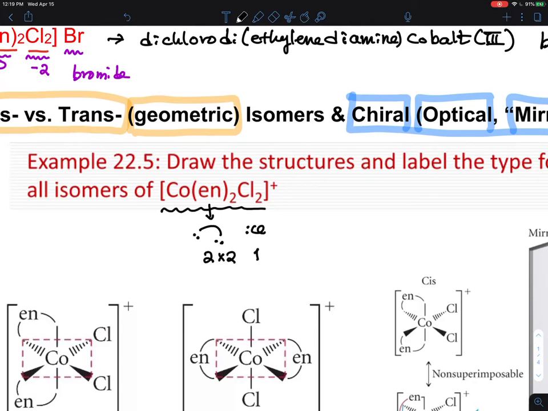Chlorine is a one coordination, and there are two of them. If you add them together, there are 6 coordination. So the number of coordination by the ligands is 6, and 6 always means octahedral. Okay, octahedral.